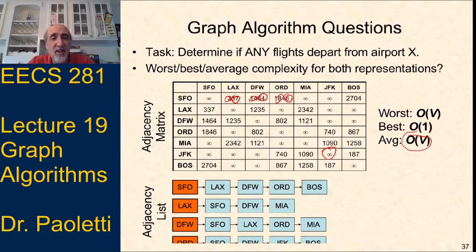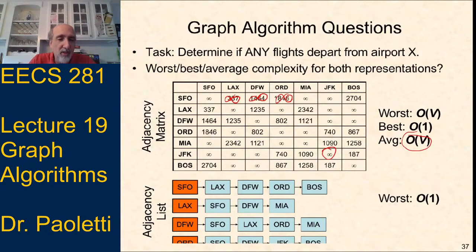It really depends on how dense it is and where they are. Even if the graph is half full, it's still pretty dense. But the average row would probably have one in the first few. The JFK row is kind of strange in that the half that are infinities appeared before the half that aren't.